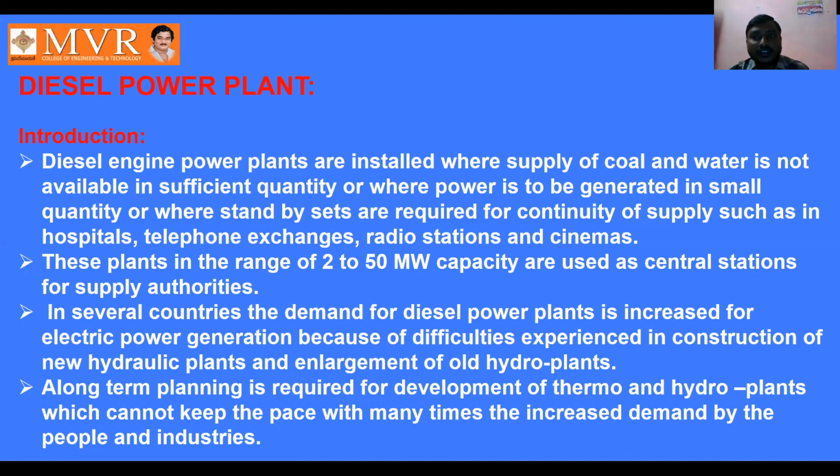In previous years, these diesel power plants were rarely used in several countries. But nowadays their usage has increased for electric power generation because of the difficulties experienced in construction of new hydraulic plants and enlargement of old hydro plants.